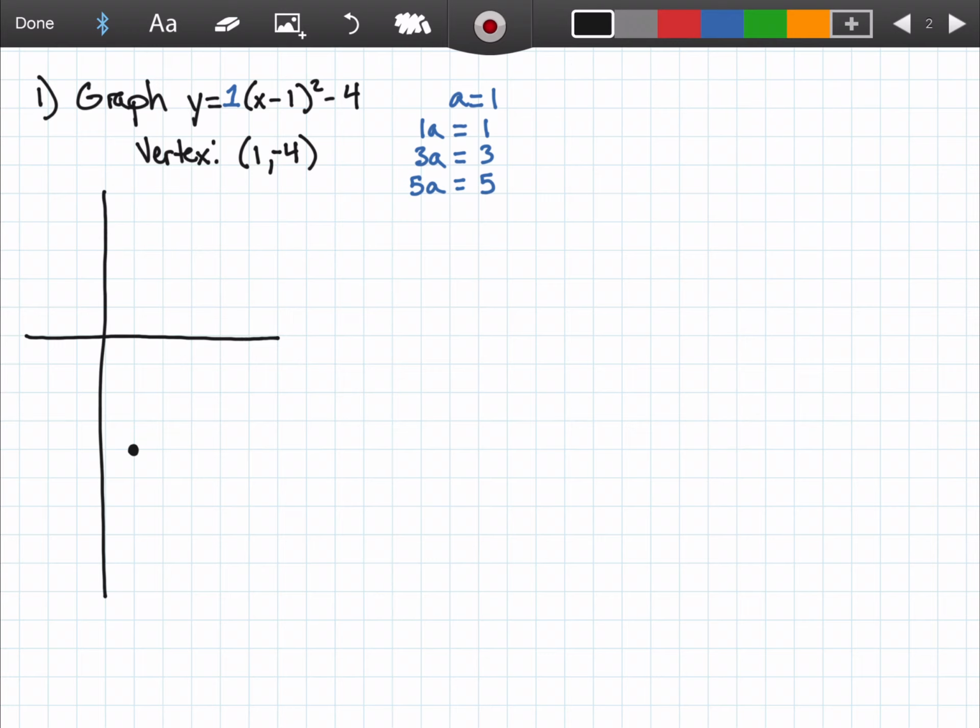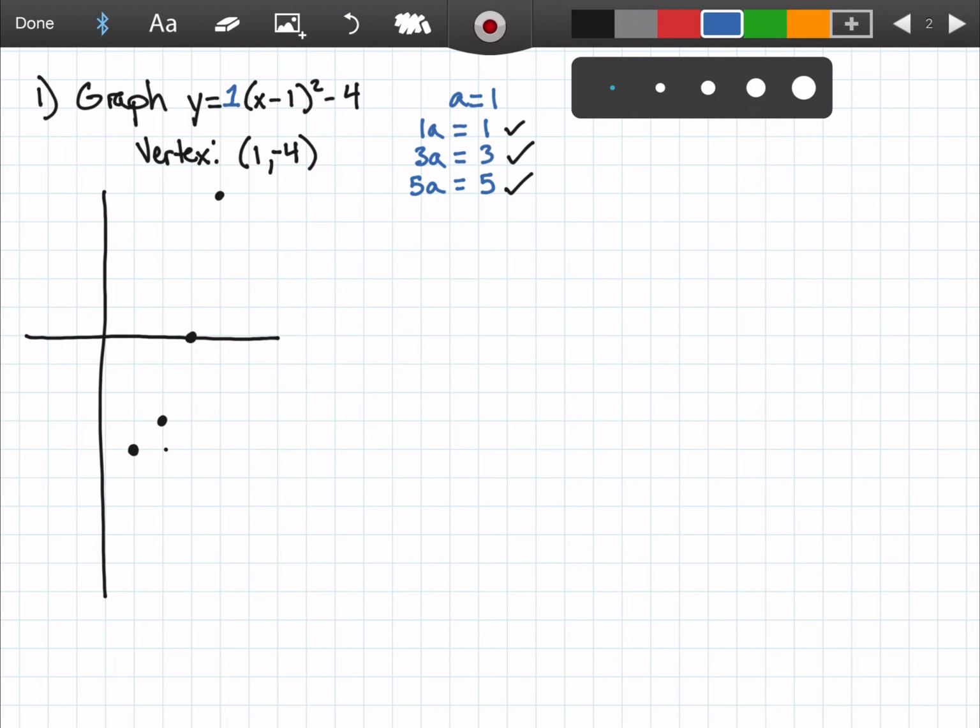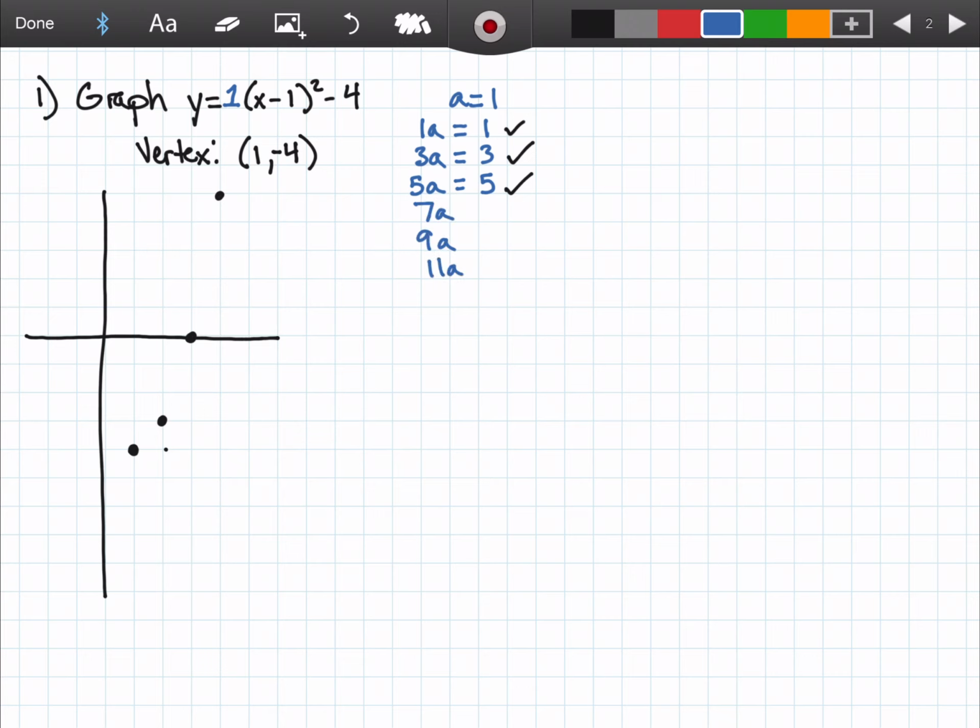So, for example, here's my vertex. To get to the next point, I go over 1, up 1. From that point, over 1, up 3. Over 1, up 5. If I wanted to keep going, you know what it would be? 7, 9, 11. That's how that growth keeps happening.